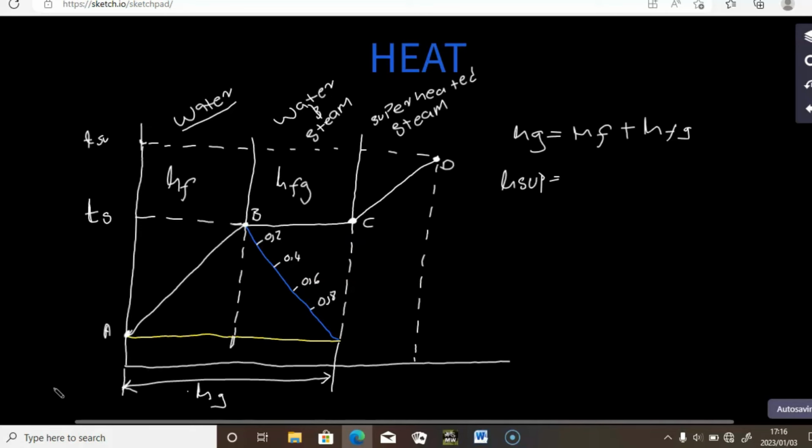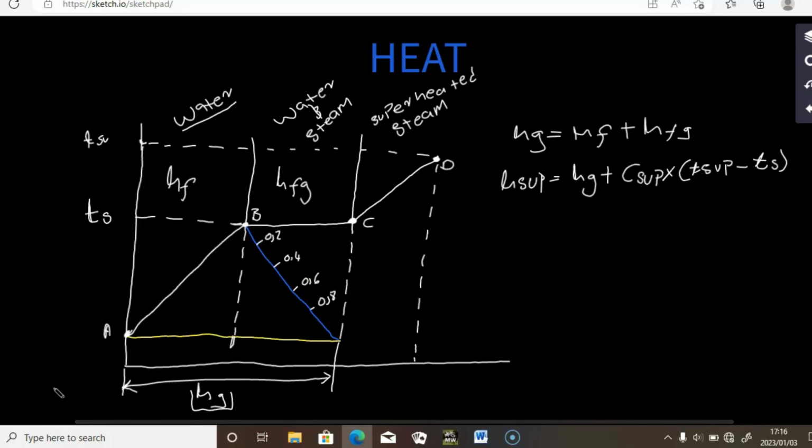It covers HF and the heat energy that is added from point C to D. So we're going to have a formula that looks like this: H sup equals Hg plus the specific heat capacity of the superheated steam times the change in temperature, which will be T sup minus the saturation temperature. That is the enthalpy at D.